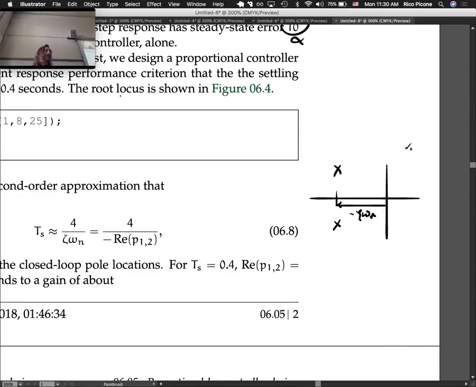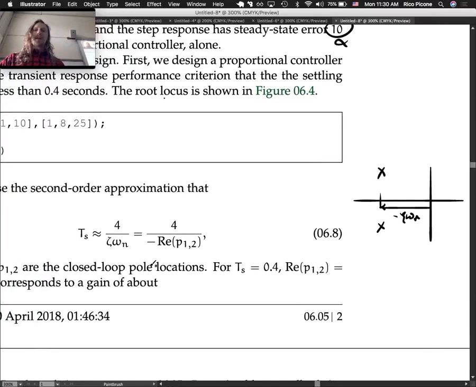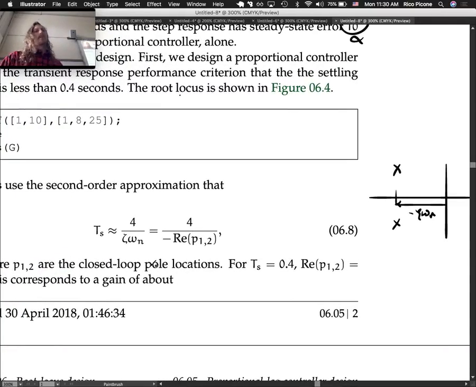So we just want the real part of those poles to be such that 4 divided by that gives us 0.4. And my goodness, did I do this on purpose? If you divide 4 by 10, you get 0.4. 10's a nice number. I can do that division in my head. Yeah, that was on purpose.